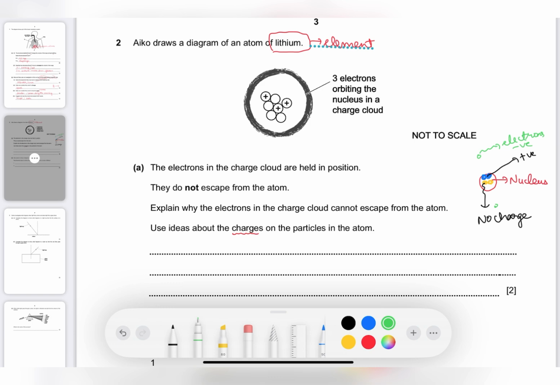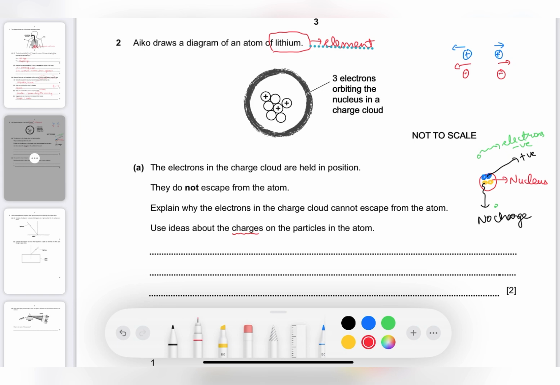Now, what is holding the electrons together? Why are they not escaping? To know this, you should know one basic thing, that like charges, for example, positive charge and positive charge, repel each other, and negative and negative also repel each other, right? Yes or no?